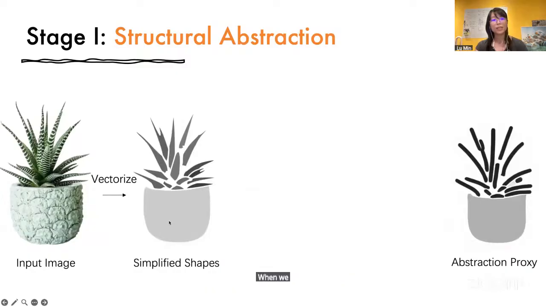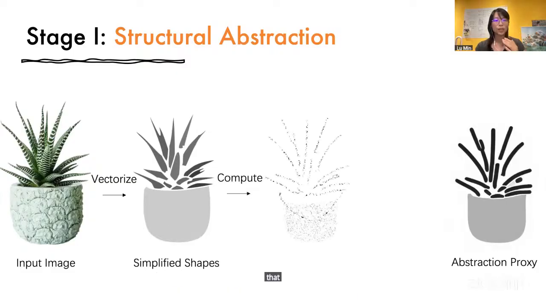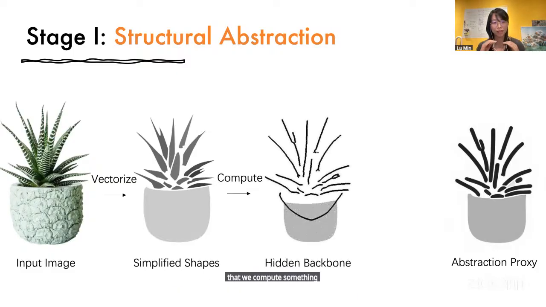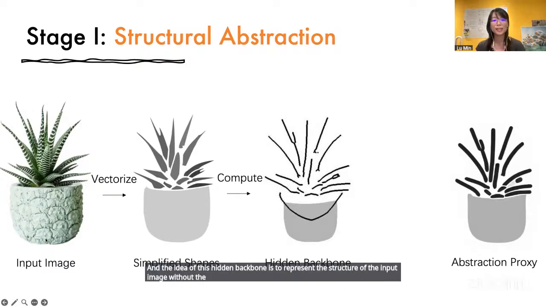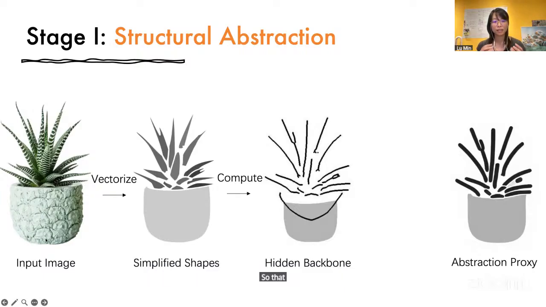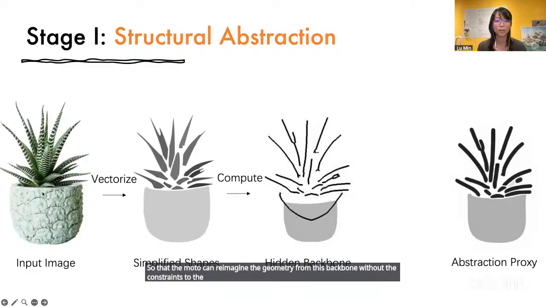When we get this simplified image, we first do some geometric relaxation, where we compute something underlying the simplified image that we call the hidden backbone. The idea of this hidden backbone is to represent the structure of the input image without the precise boundary, so that the model can reimagine the geometry from this backbone without constraints from the original input.